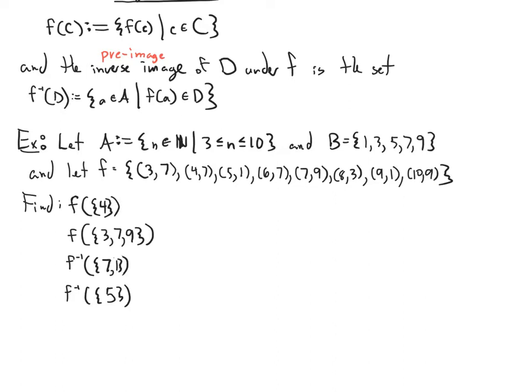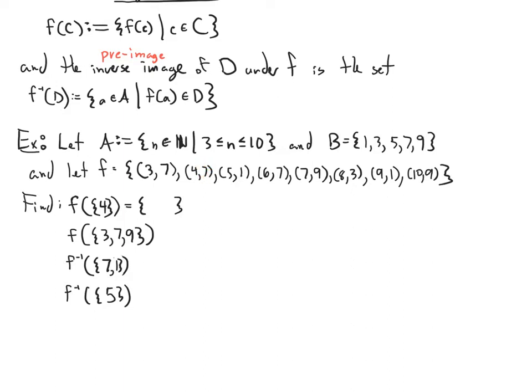So, if we're looking for f of the set containing 4, remember, the answer for an image, this set containing 4 is a subset of A here. It's the set of all elements that 4 maps to. Well, 4 is going to map to exactly one element, and we see here 4 gets mapped to 7.